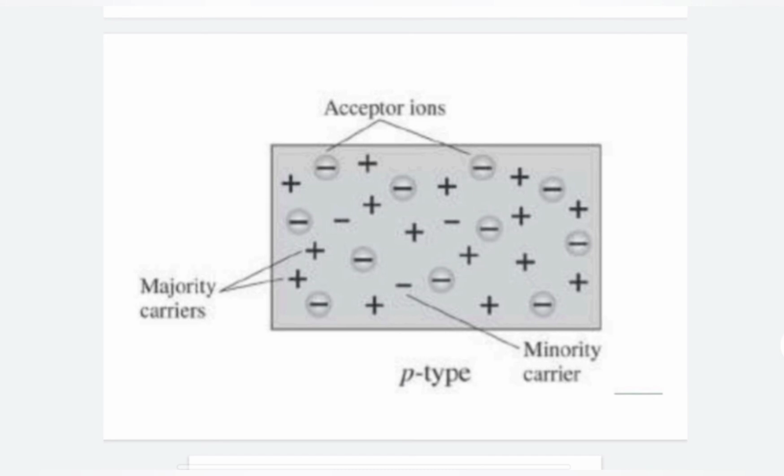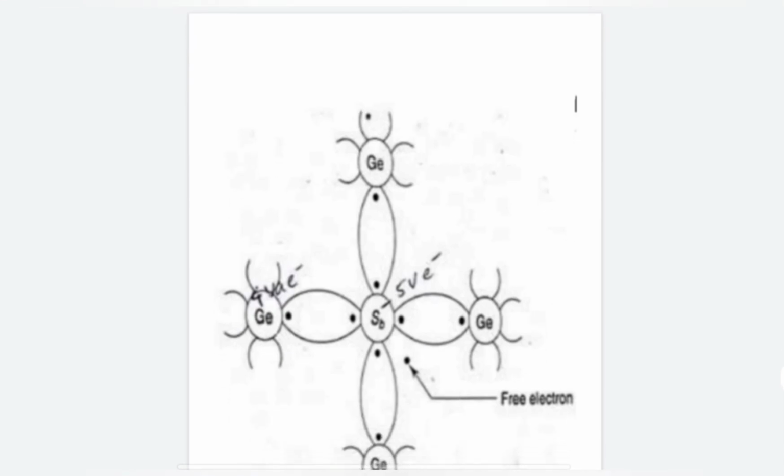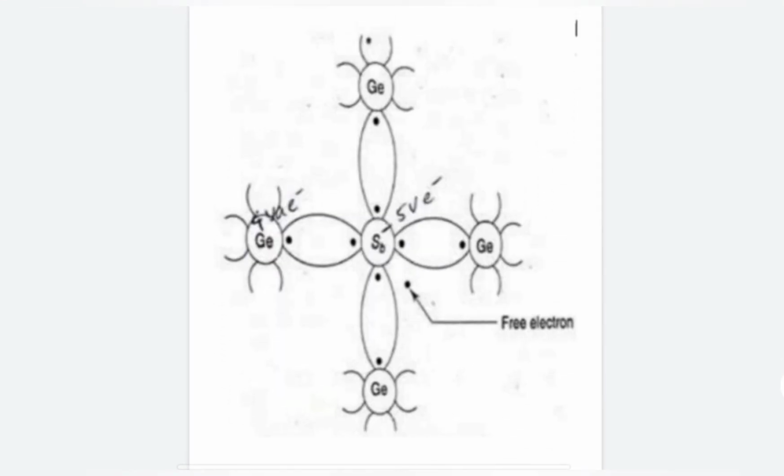See here. For P-type, majority charge carriers, holes, will be assumed as positive and electrons, as we already know, are represented as negative. Similarly, for N-type semiconductor, 5A group elements have 5 valence electrons and 4A group elements have 4 valence electrons. Among 5 valence electrons, 4 will be bonded with the 4A group element, that is, the semiconductor, and 1 valence electron is left free.